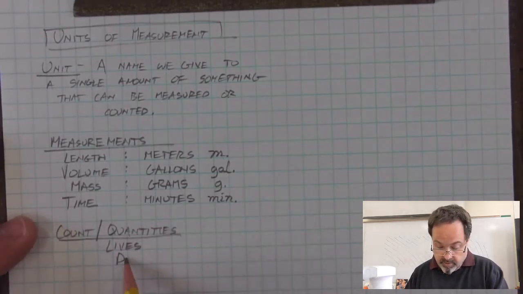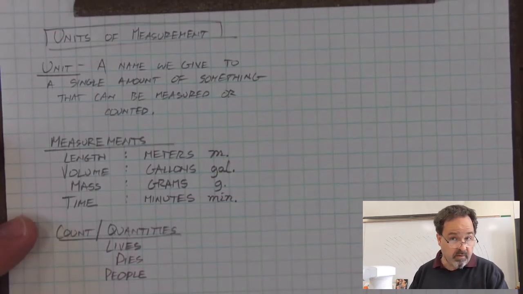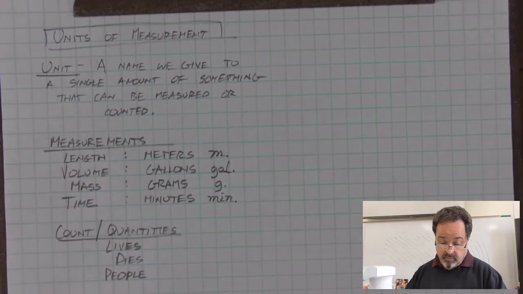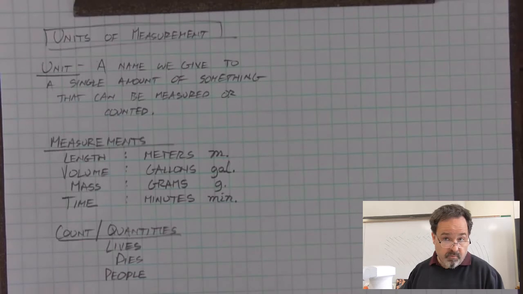We could count pies. We could count people that come in the room. These would be units of the things that we can count or enumerate. And of course, there are an infinite number of units, there are as many units for counts as the things that we can count.